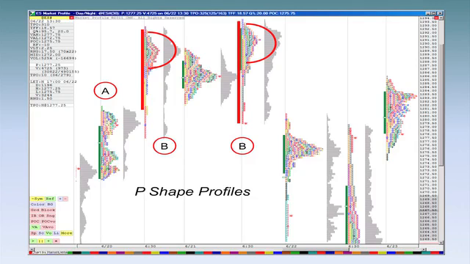The market begins to trade below the stopping price and then comes back up to revisit that stopping price and ends up closing on a low note again. There's the pop. So if you want an easy pattern, you can keep looking for the pops and then just trade down. When you see a pop at the top, look for a price drop. Okay? And the name for these types of profiles are P-shaped profiles.